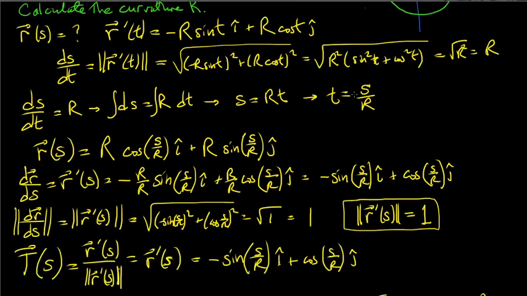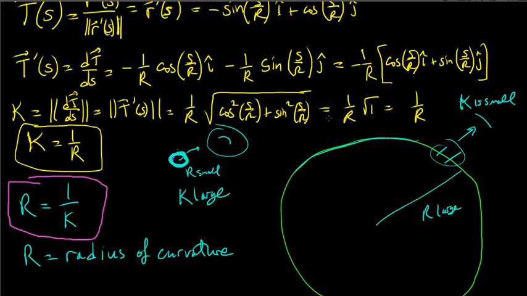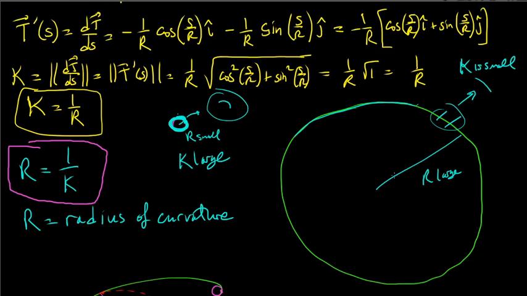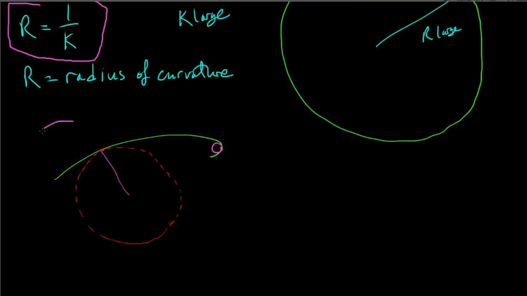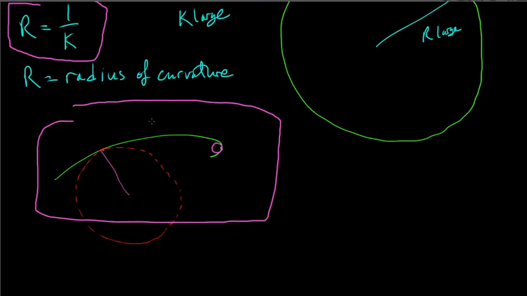It worked for the circle, and it works for a line. It doesn't work very well for, say, a parabola or an ellipse or some other generic-looking curve, like this one down here. Very difficult to calculate the curvature in general.